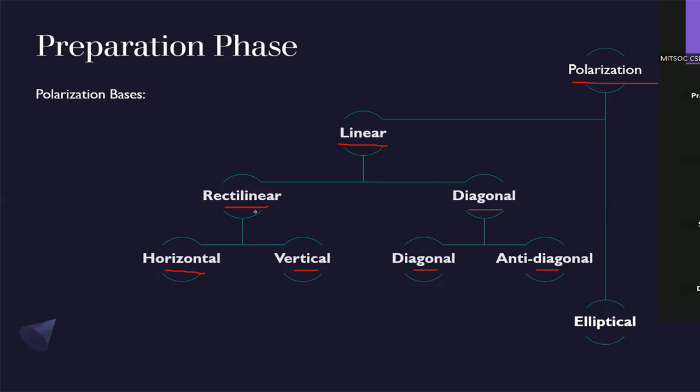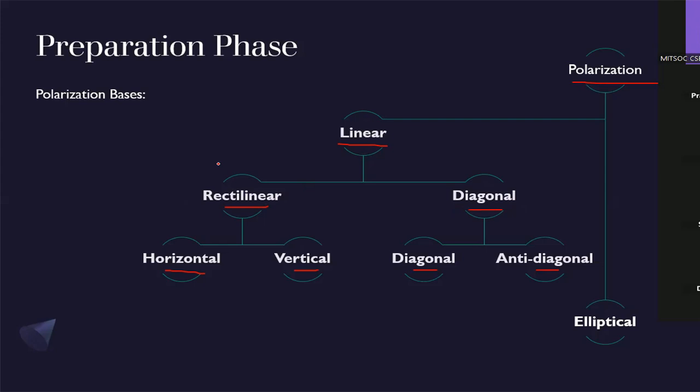Linear can be further categorized into rectilinear and diagonal. Rectilinear can be further categorized into horizontal and vertical, and diagonal into diagonal and anti-diagonal. Mostly focus on the rectilinear and diagonal polarization concepts, because these are used further in the algorithms.